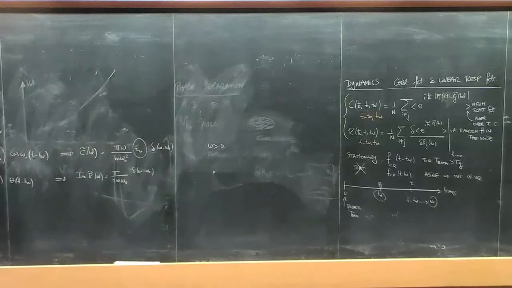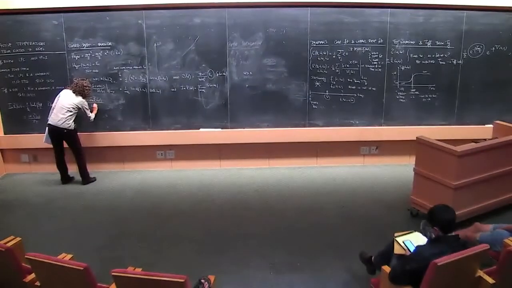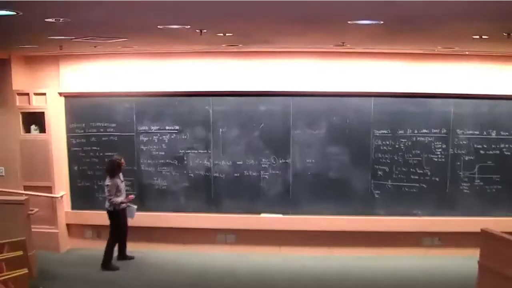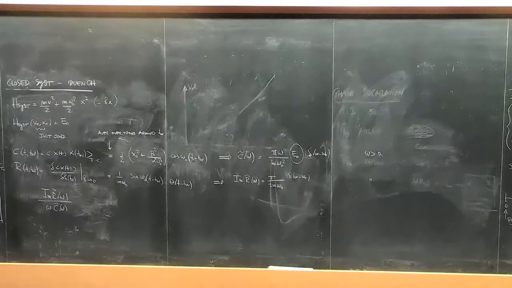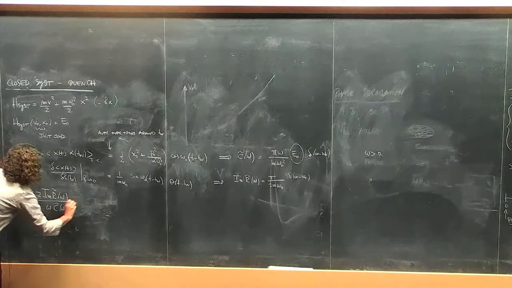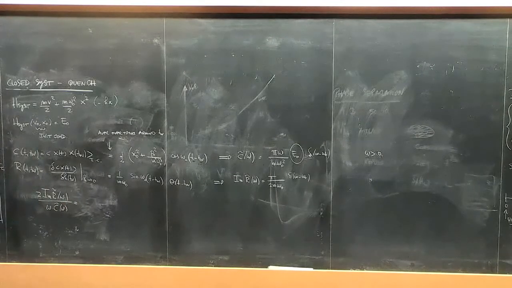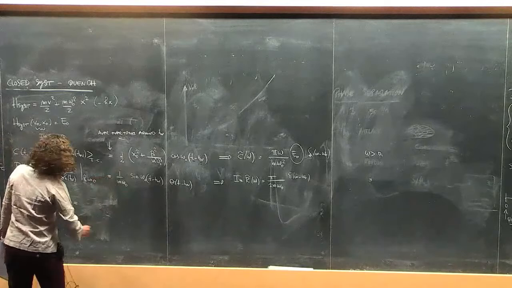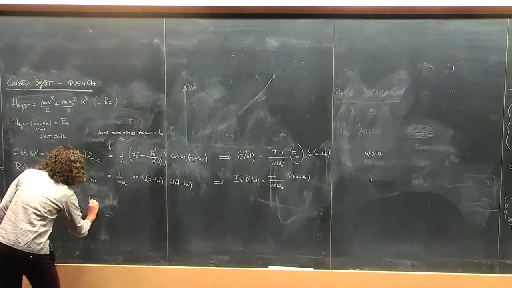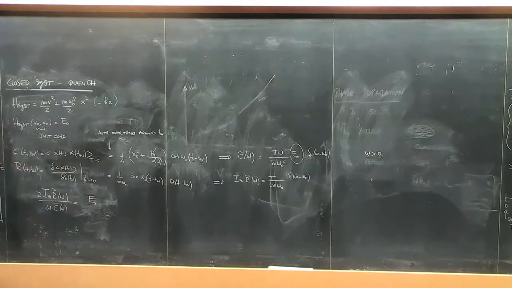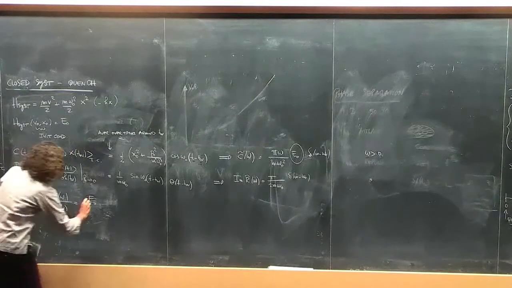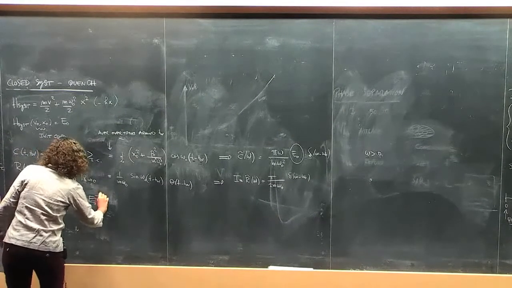Now what I can do is the ratio that the FDT tells me to do, to see what I get for the factor that had to appear as a temperature. Okay, so I do this ratio here. And if I do that ratio, I will find that all the factors go, and I'm left with E naught minus 1.